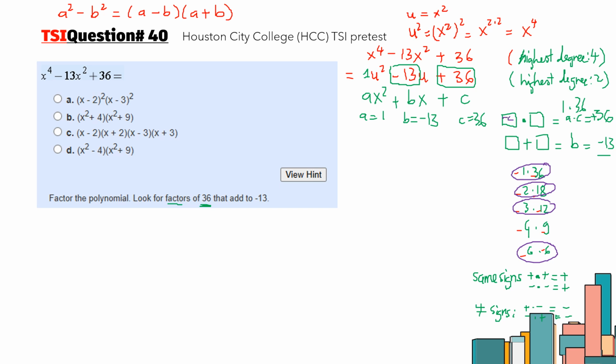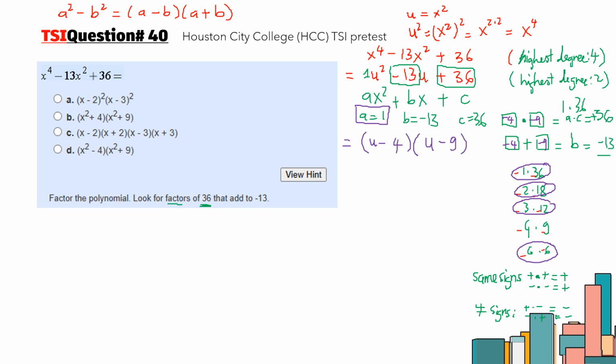So I write down -4 here and -9 here. That is matching. Since a is equal to 1, I just rewrite it as u minus 4, my first number, and u minus 9, my second one.